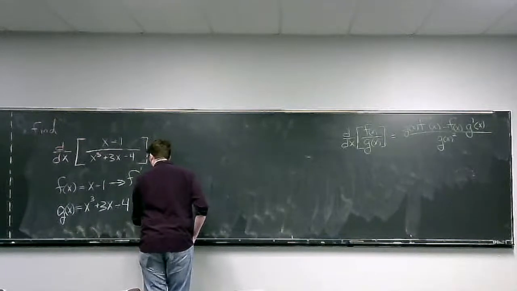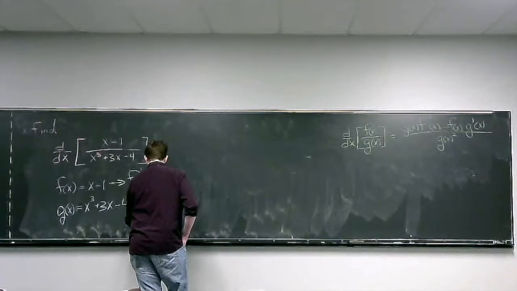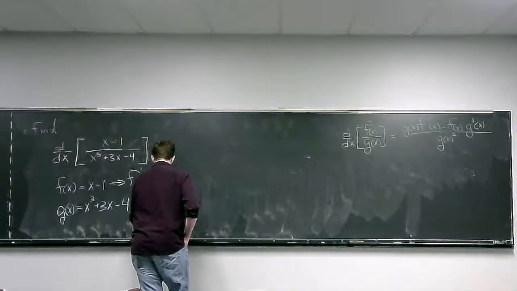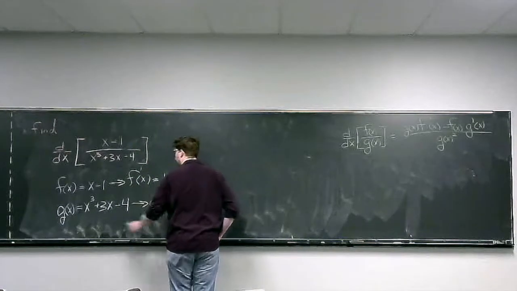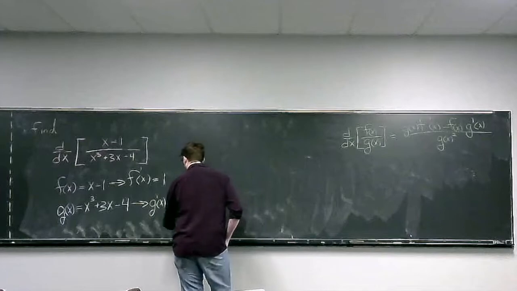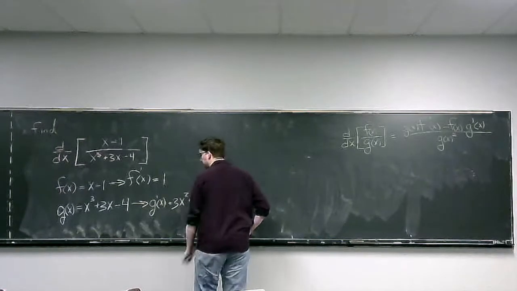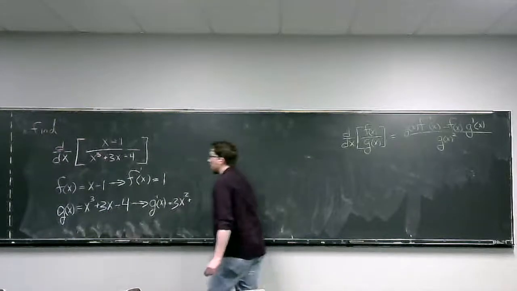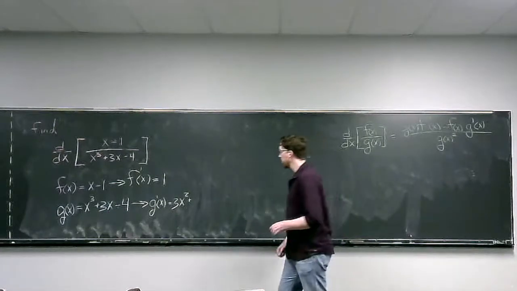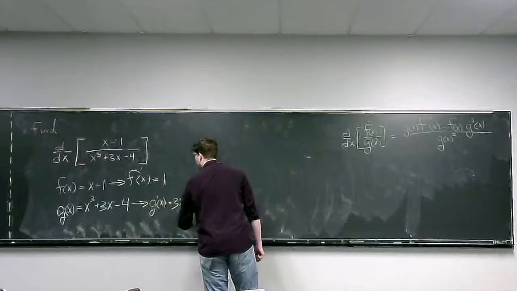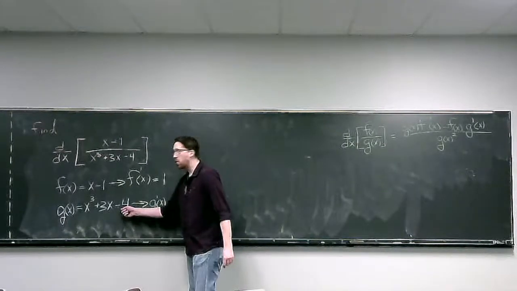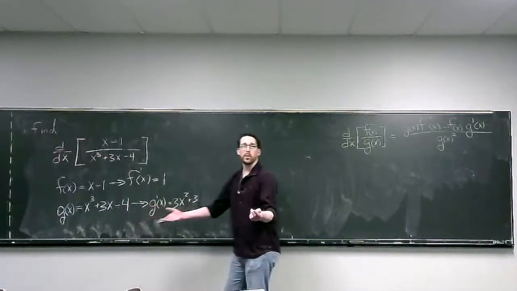And its derivative is going to be 3x squared plus the derivative of 3x, which is just 3, minus the derivative of 4, which is just 0, so we don't need to worry about it.